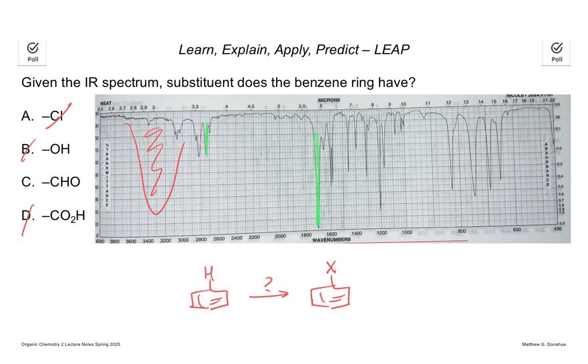And then the aldehyde has that extra CSP2H stretch that pairs up with the carbonyl stretch. So again, as you think about the module exams, the final exams, you're not only looking for what's there to confirm, but you can eliminate things by what's not there.